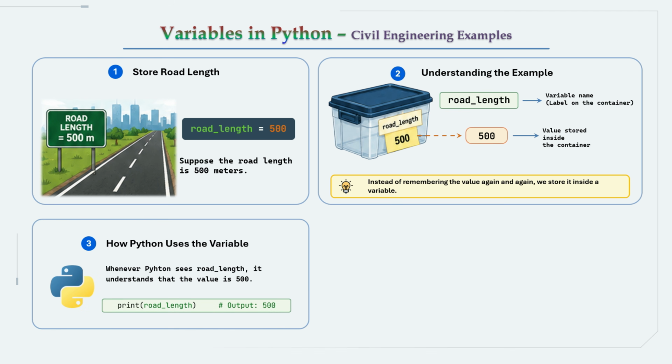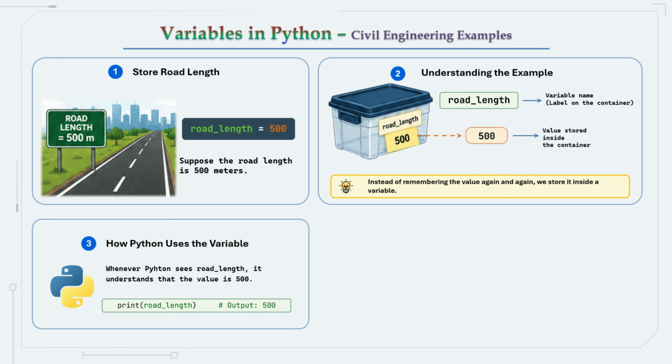Now refer to the line of code print(road_length). This line is called a print statement. The word print means display something on the screen.